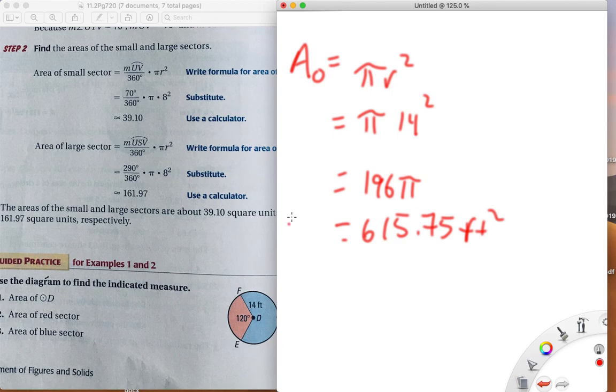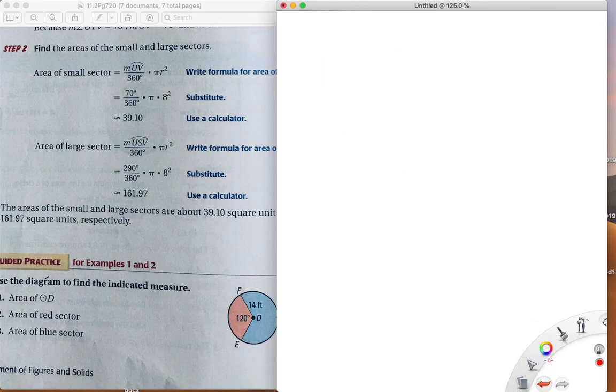Okay. Once you do that, if you want to find the area of the red sector, notice that the red sector is 120 degrees. That's our arc length in degrees.